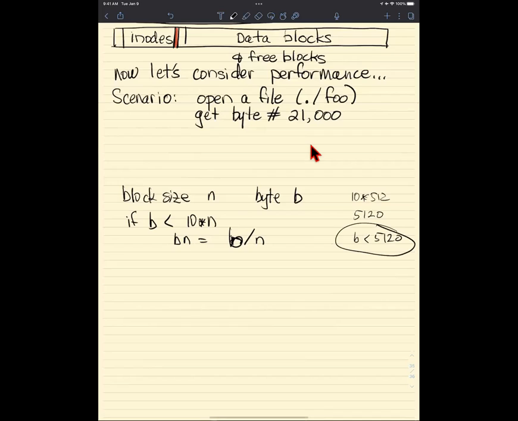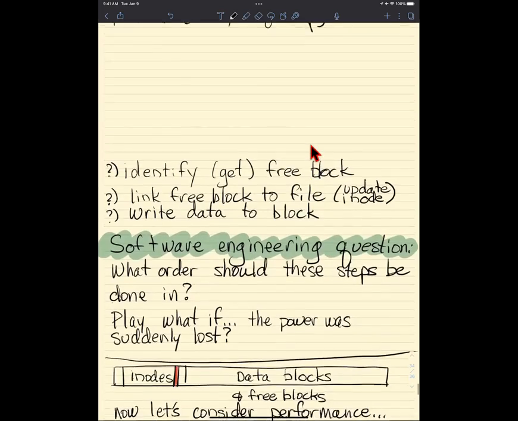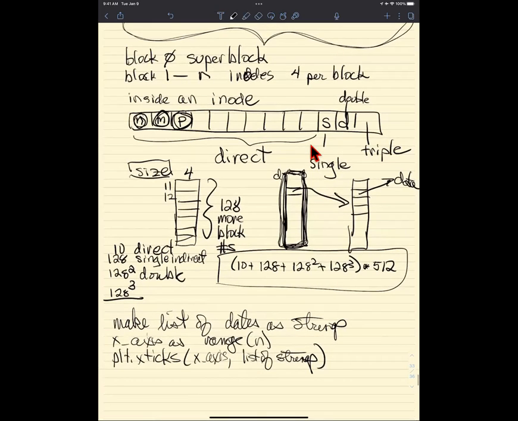So if the block size is 512, that means these 10 pointers have the capacity to keep track of 5,120 bytes. So if b is less than 5,120, it's going to be referred to by one of these. Which one? b divided by 512.